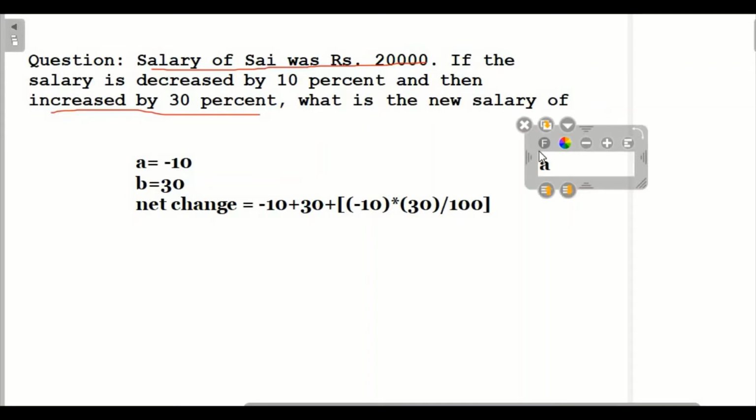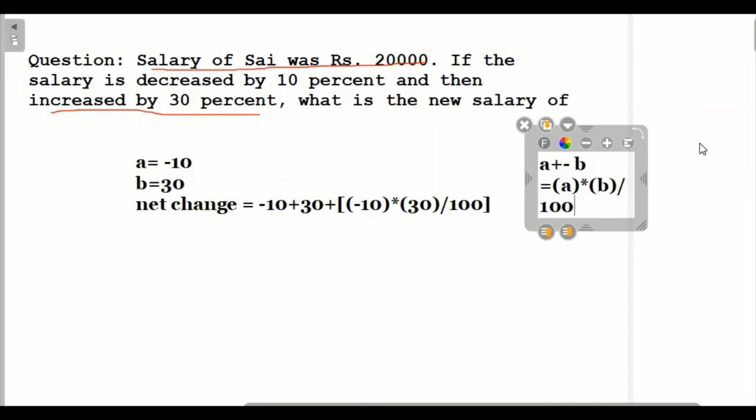So A plus or minus B, plus or minus A into B divided by 100.